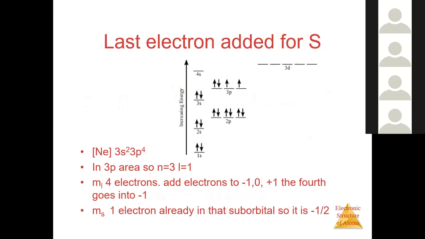Blake, is the arrow up or down? Is there already an electron in that suborbital? Yes, the pair is complete. So the first electron is a +1/2 in the suborbital. The second electron is negative. So my 4 numbers for this are 3, 1, -1, -1/2.